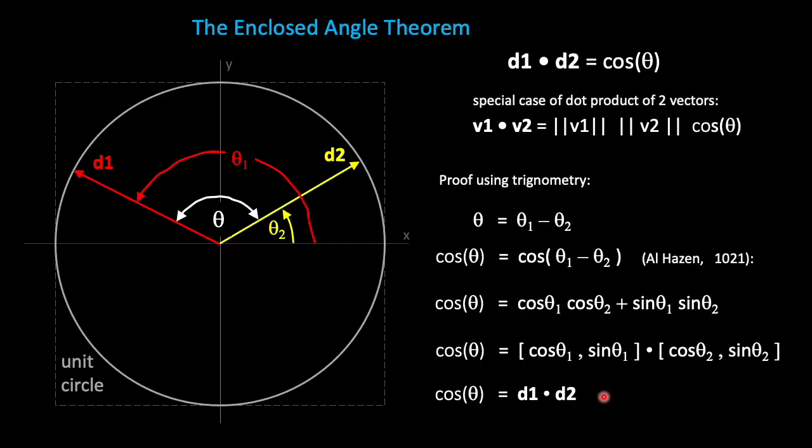And voila, we have a much simpler proof than if you try to go through and unravel everything that's going on with this statement here. So this is very useful. We call this the enclosed angle theorem as pertains to a pair of direction vectors.